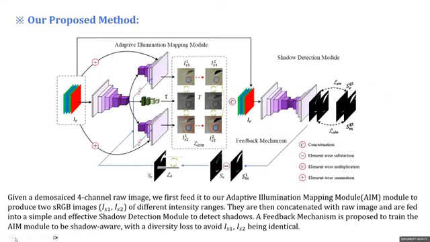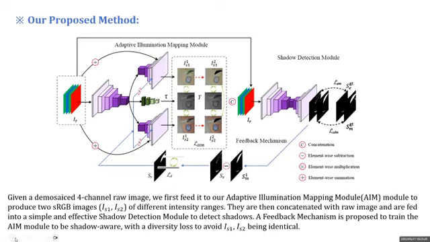Given a demosaiced 4-channel raw image, we first feed it to our adaptive illumination mapping model. This model produces 2 sRGB images of different intensity ranges.